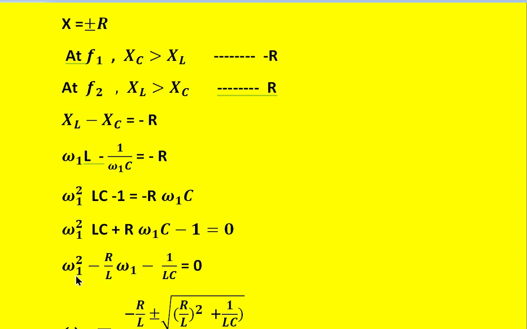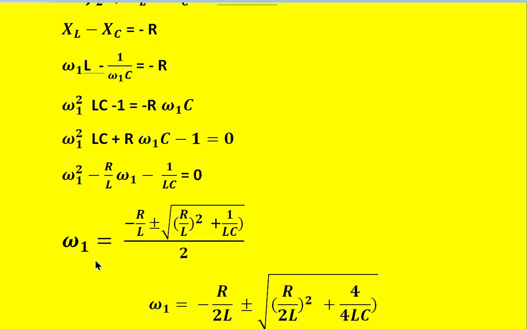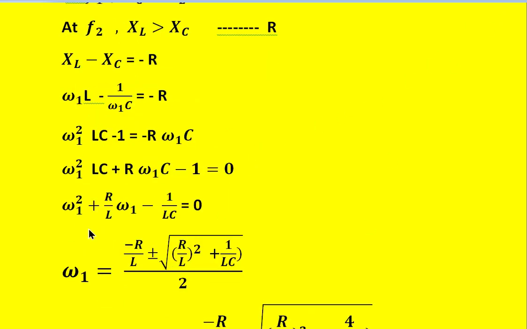So from this, omega 1 can be calculated using the formula. After rewriting this equation, we get omega 1 square plus R by L omega 1 minus 1 by LC is equal to 0.